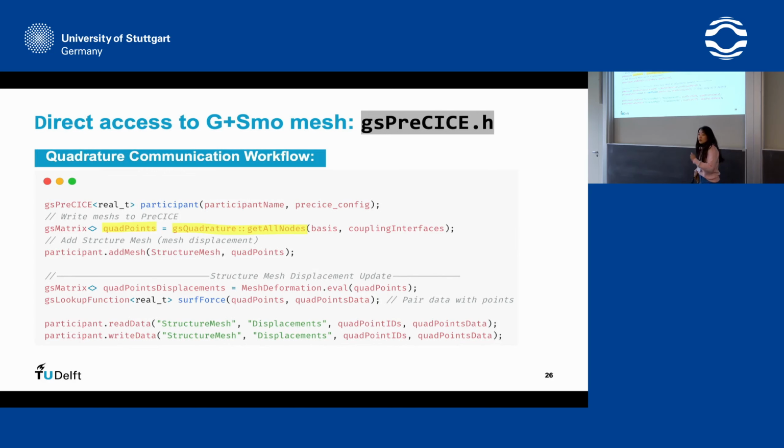And how do you update your mesh? You can do this evaluation of mesh deformation on the quadrature points, then send the displacement information back to preCICE.